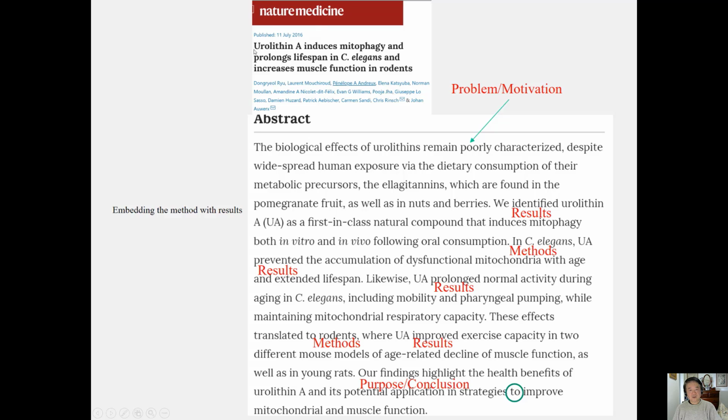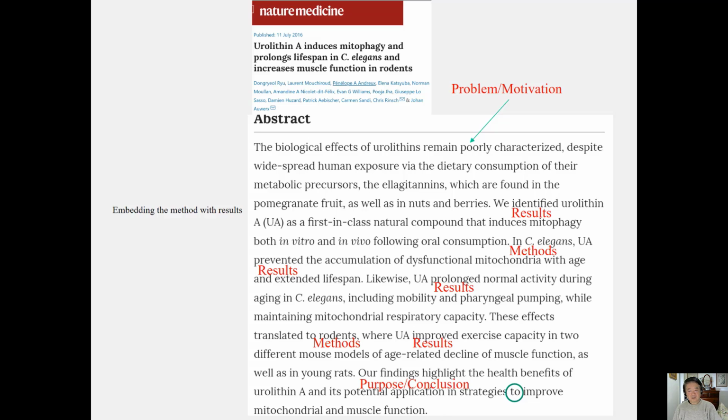Basically, you have used urolithin A, which is an independent variable. Then you induce the changes here. Lifespan is a dependent variable. Here is the animal, the C. elegans. Then look at the changes, and also in rodents, two models. So this abstract is a summary of the entire study.